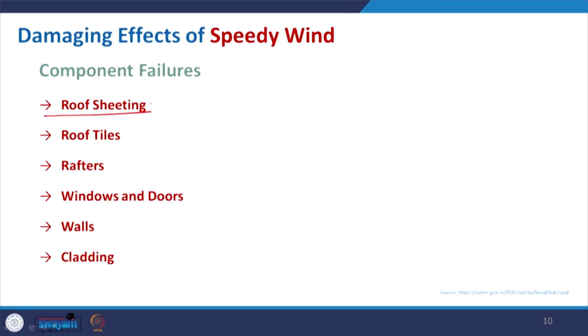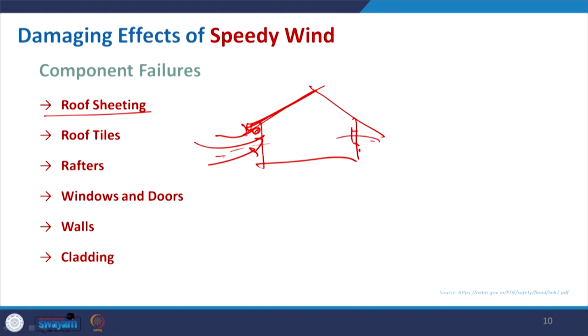One is your roof sheeting. Normally in village areas, due to heavy wind, this roof sheeting, whether made of asbestos or tin, will have pressure created on it, and if the other part of the building also has some opening, then that will create a negative drag, and this dragging will lift the roofing and it will blow away.